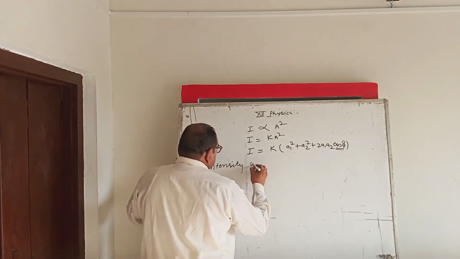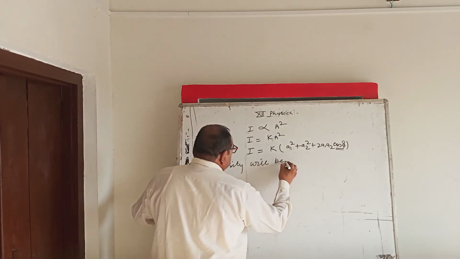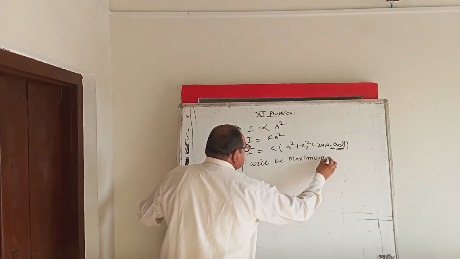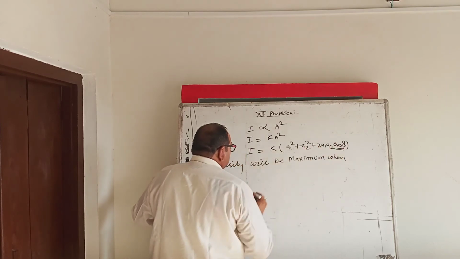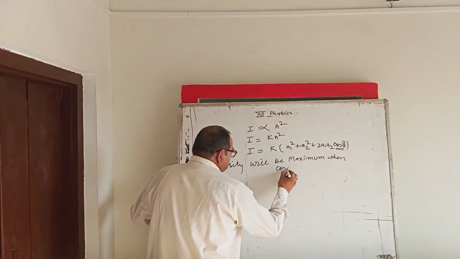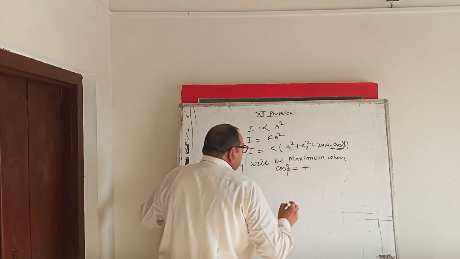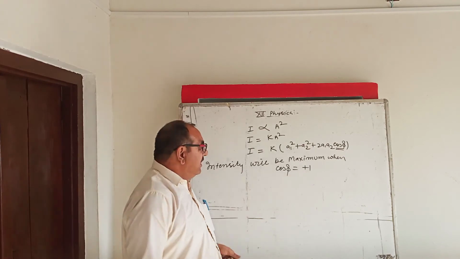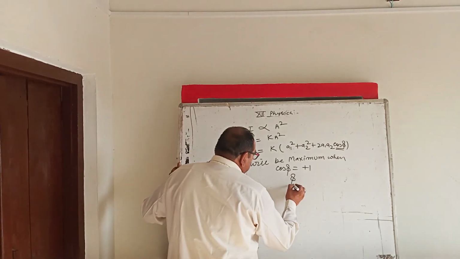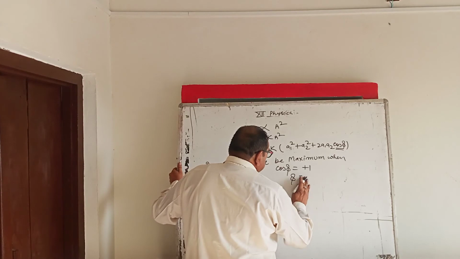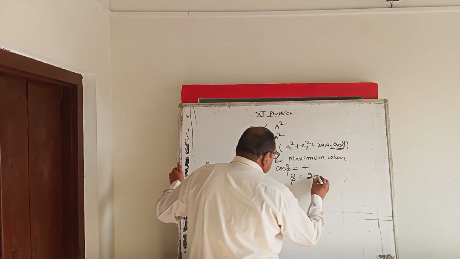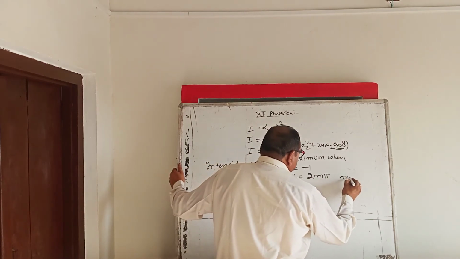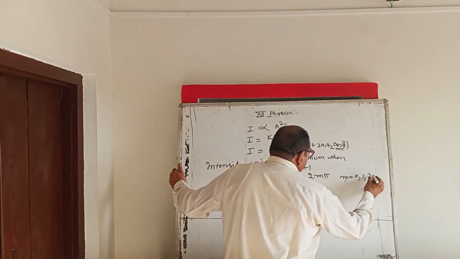Intensity will be maximum when the value of cos phi is maximum. And you know the maximum value of cos phi is plus 1. This is possible only when phi equal to 2m pi, where m equal to 0, 1, 2 like this.